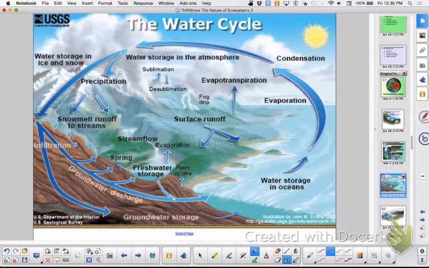Okay, good. Transpiration, good. What do you call it when it goes from a liquid to a solid? Freezing, yeah. What do you call it when it goes from a gas to a liquid? Condensation. What do you call it when it falls from the sky? Precipitation. Good. What do you call underground fresh water? Aquifers. Good. Okay, so you got that part down. I don't think that's going to be difficult.